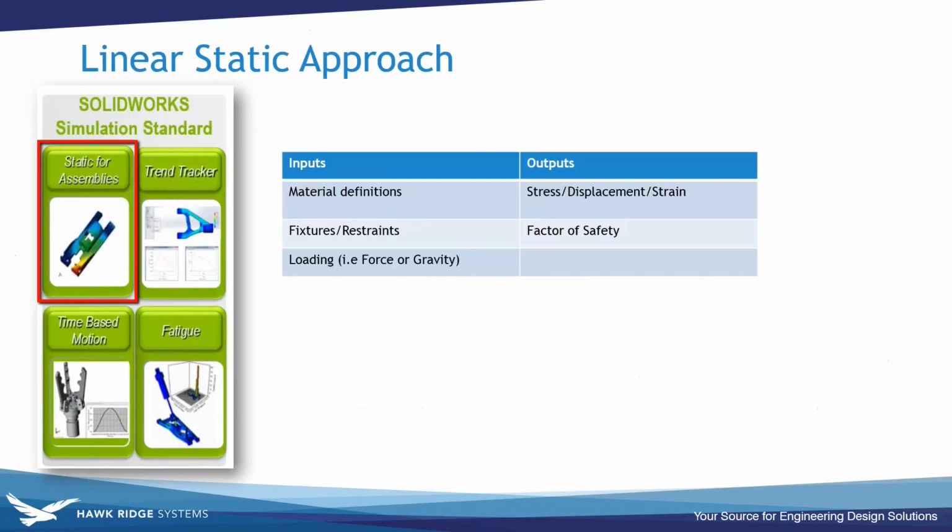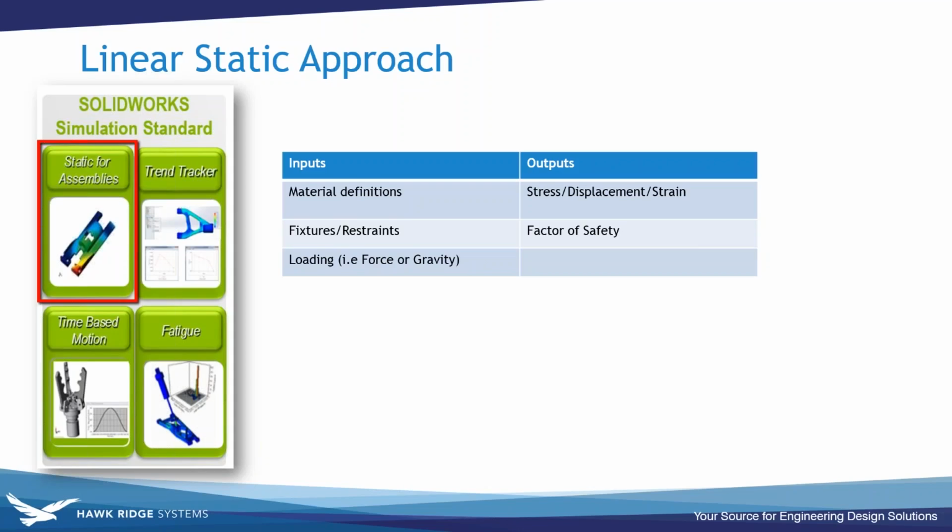So bringing that down to smaller chunks, again, how do we approach a situation where we're dealing with shock or vibrational loads or transverse loading? How do we account for that in a linear static way? Starting from SOLIDWORKS Simulation Standard, we can run a linear static analysis, and really the best that we can do is define our material properties, how it's going to be restrained, and then our loading condition can be some sort of force, or in this case, some sort of gravity load.